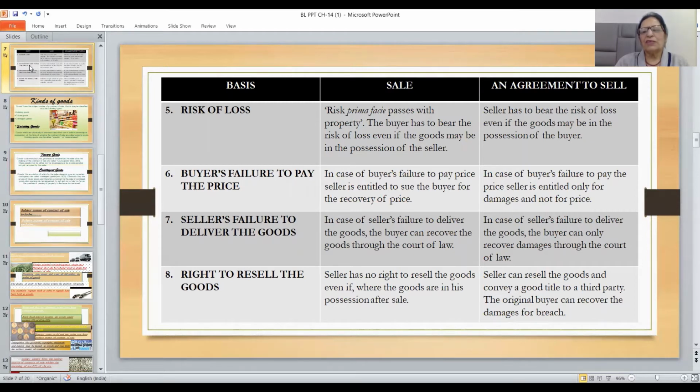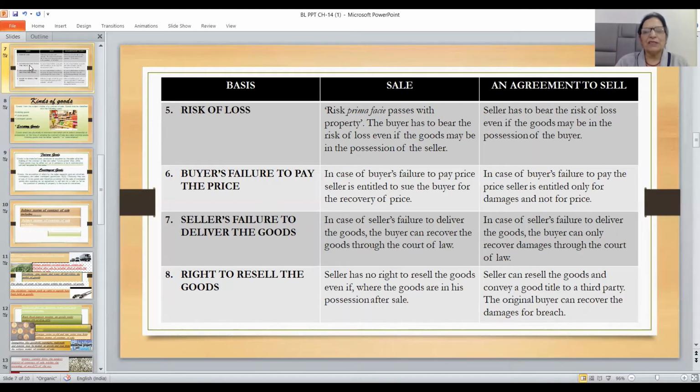But in case of seller's failure to deliver the goods in case of an agreement to sell, the buyer can only recover damages. So friends, remember, whether there is a buyer's default or seller's default, only damages can be recovered in case of an agreement to sell. Goods can be recovered by the buyer from the seller. Price can be recovered by the seller from the buyer.